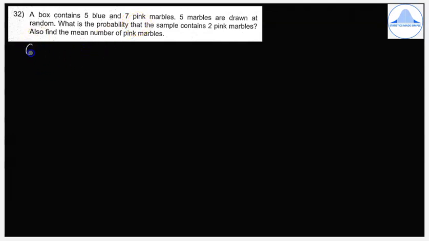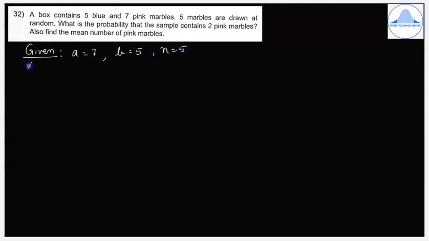So now first let us write down the information which is given. So given A is equal to 7 because the question is based on pink marbles, and B will obviously be the blue marbles, which is 5. So you know that a plus b is equal to 12. And 5 marbles are drawn at random means n is equal to 5.